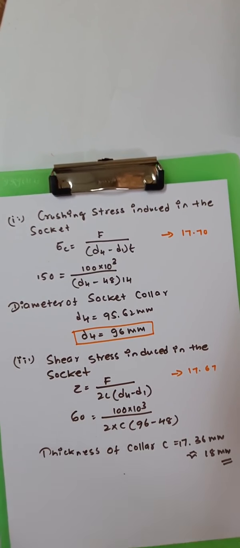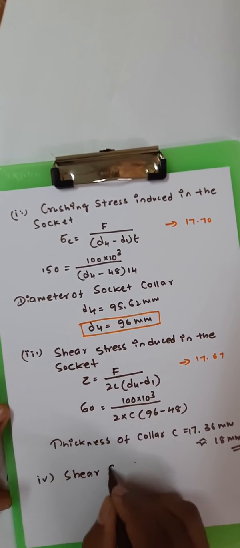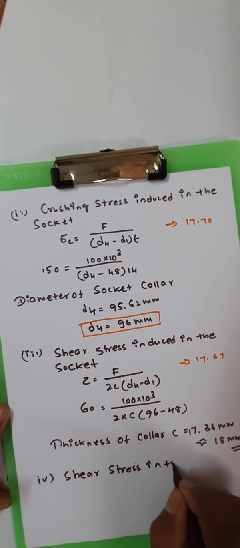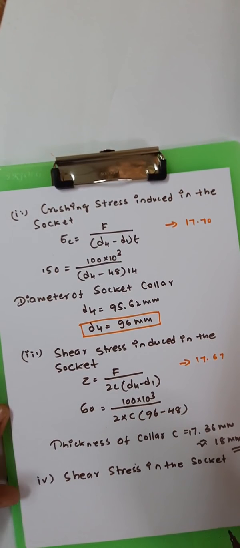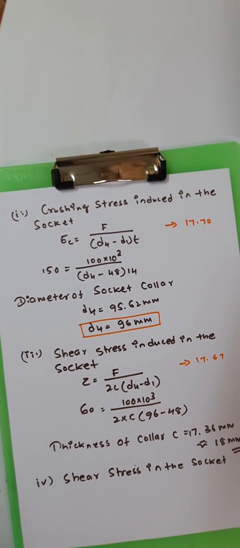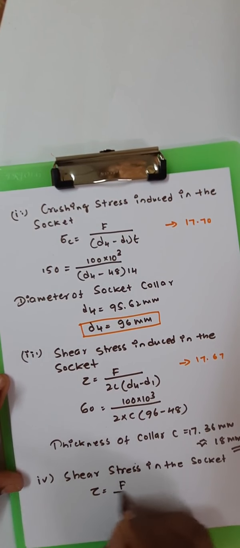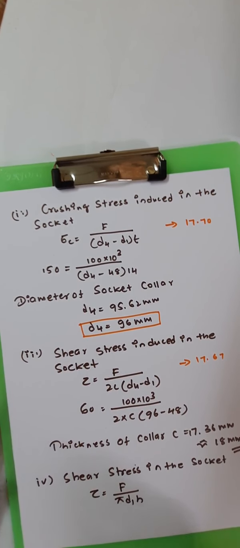Next, we need to find out the shear stress at the socket, that is tau is equal to F divided by pi d1 h. Here we need to find out the value of h, the thickness of the socket at the rod end.